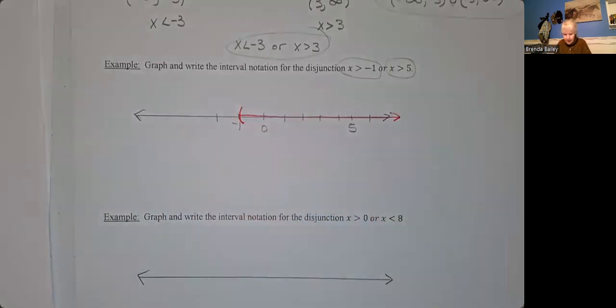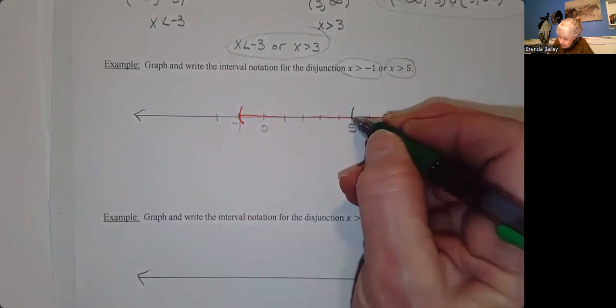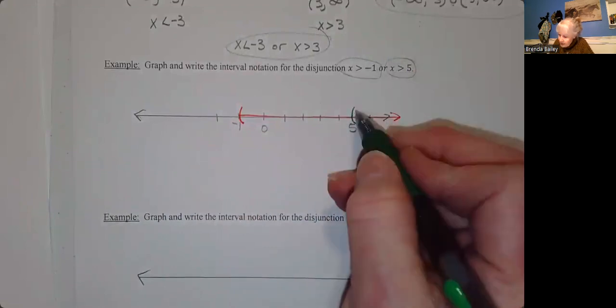I'm going to use a different color for the other one. X is greater than 5, so we go to 5 and use a parenthesis, and they also want x bigger than that.